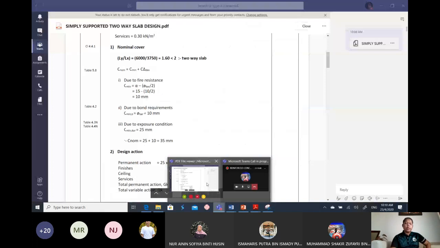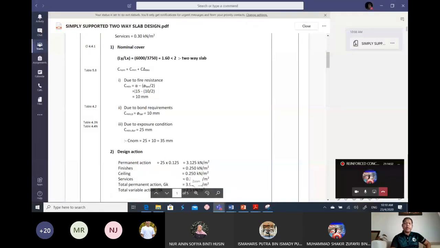So that's why I got the answer here. Alpha is equal to 15 minus diameter bar over 2. As usual, if the diameter bar is not given to you, you have to assume the value is 10. If, for example, the diameter bar given to you is either 12 or 10, you have to use the given value.